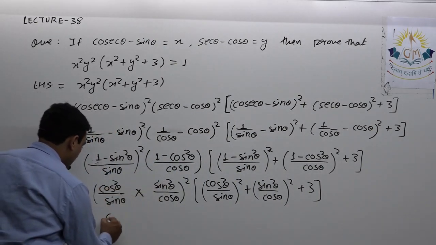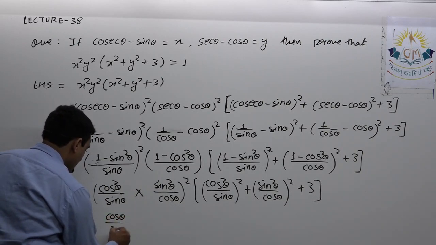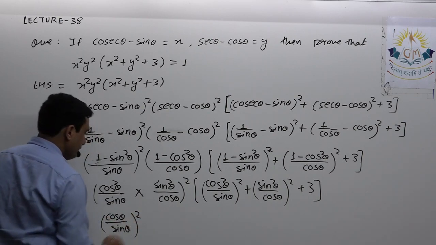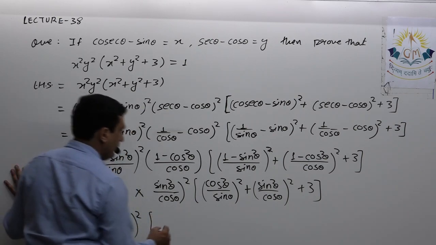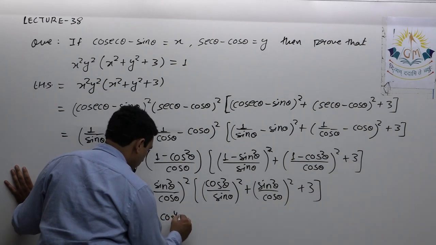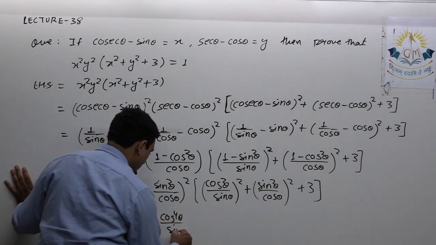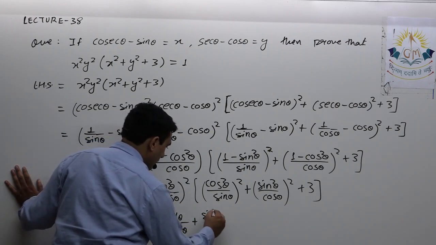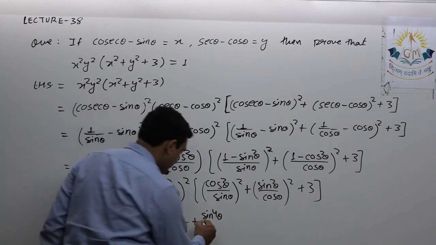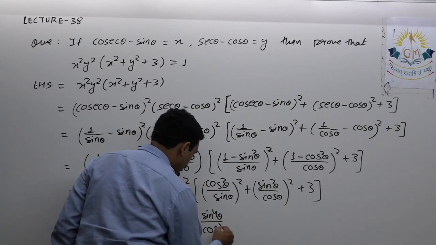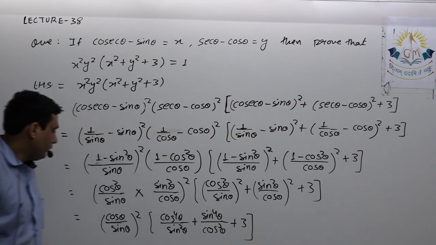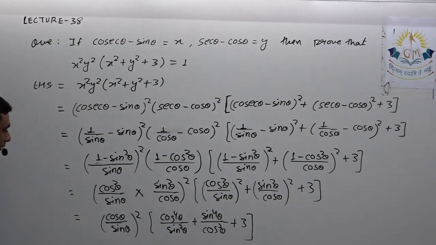So over here I will get cos theta upon sin theta whole square. And over here I will get cos raised to 4 theta upon sin square theta plus sin raised to 4 theta upon cos square theta plus 3. So note it down up to this point, then we'll see the solution further.